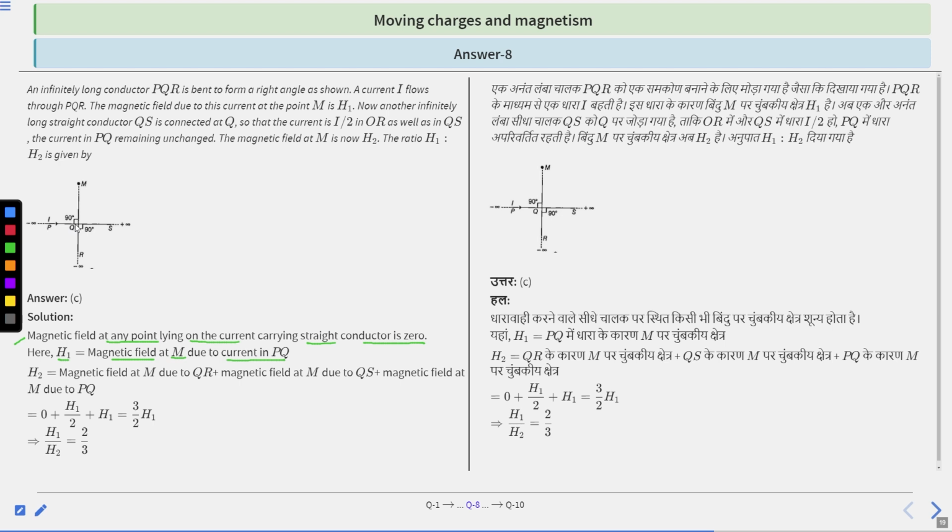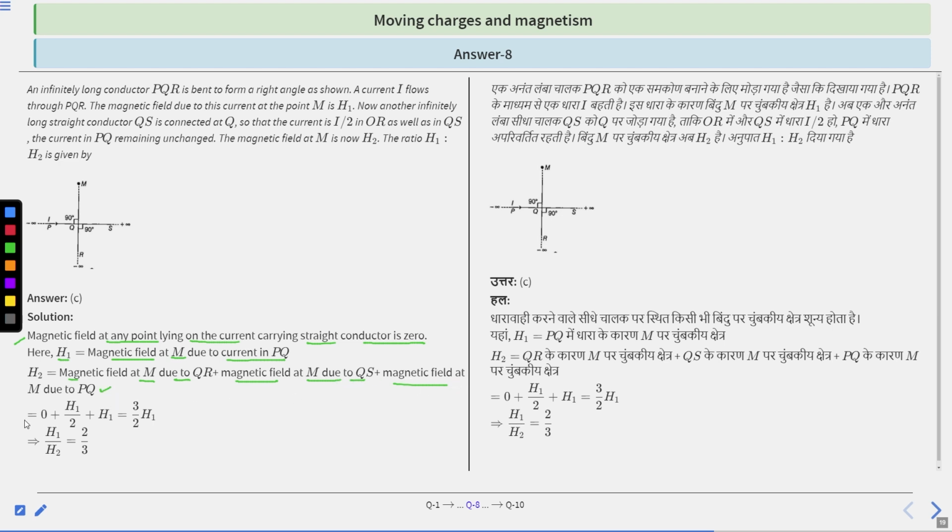And H2 is the magnetic field at M due to QR plus the magnetic field at M due to QS plus the magnetic field at M due to PQ. So adding these three terms, magnetic field at M due to QR plus magnetic field at M due to QS plus magnetic field at M due to PQ.